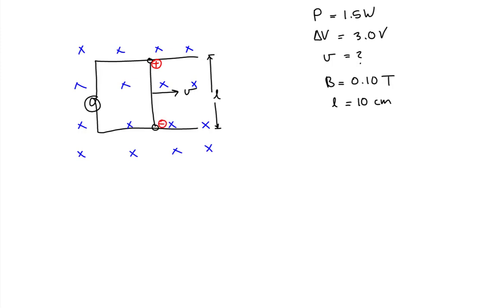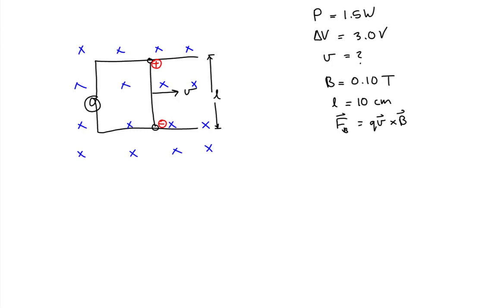And this is based off of the direction of the magnetic force given by the right-hand rule on the positive charges. Once we find the direction of this magnetic force, we flip our thumb, and the direction of the magnetic force on the negative charges is opposite to that of the positive charges.